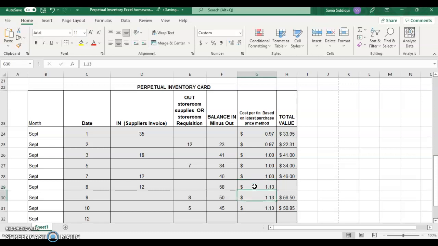And that gives us $1.13. Now, in order to figure out the total value, we take 58 and multiply that by $1.13. Now that gives us $65.64.